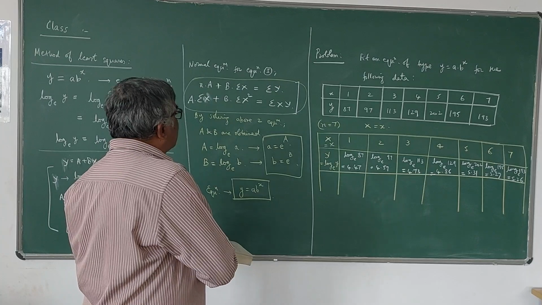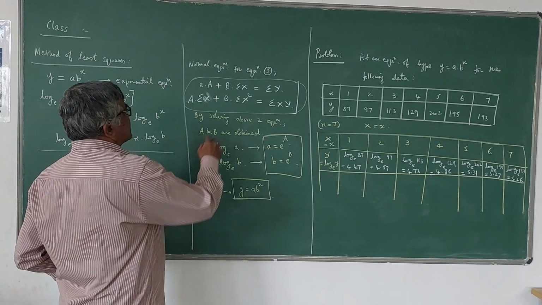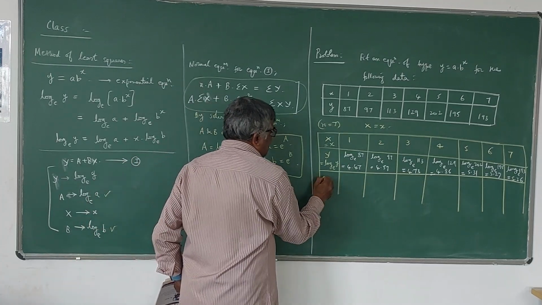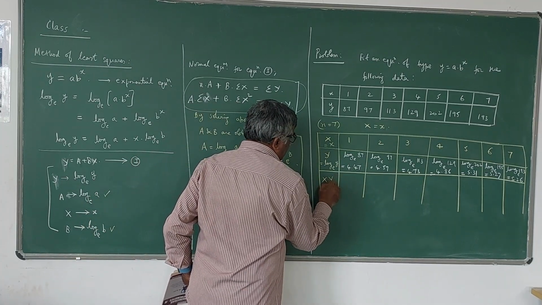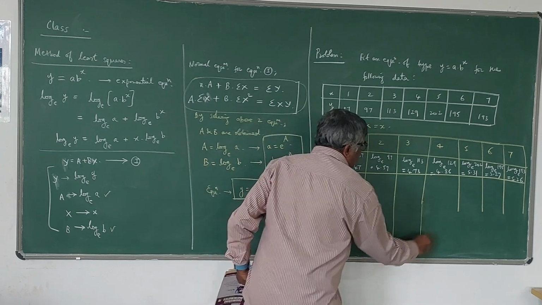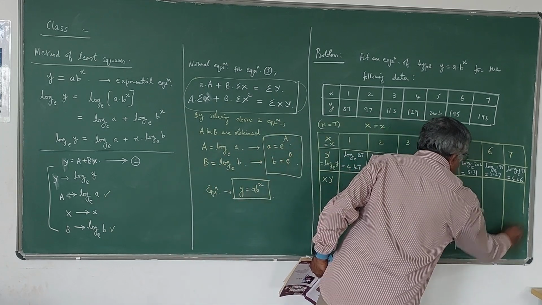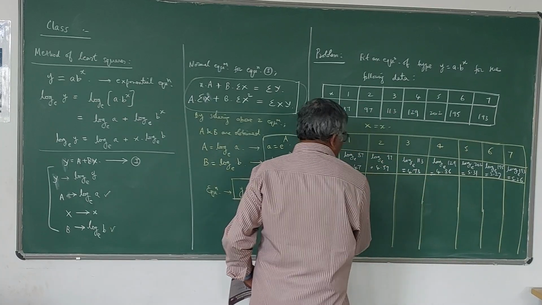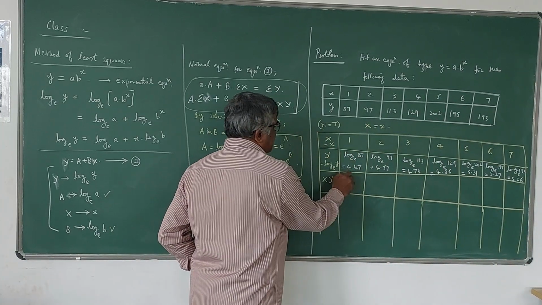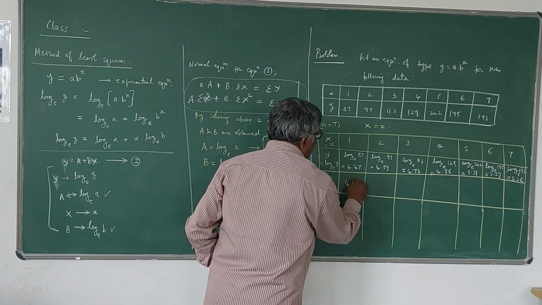Then after that, we need to get this x into y. So let me write x into y. The x into y is nothing but the product of the second row and third row elements respectively. So this into this: 1 into 4.47 is 4.47.